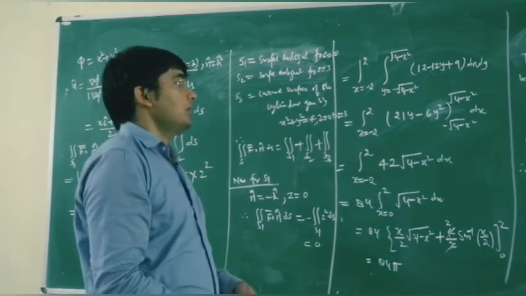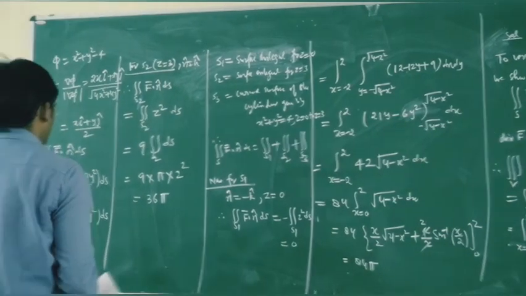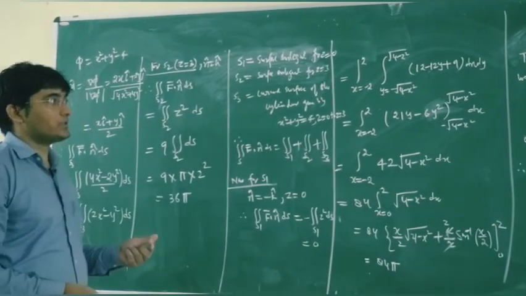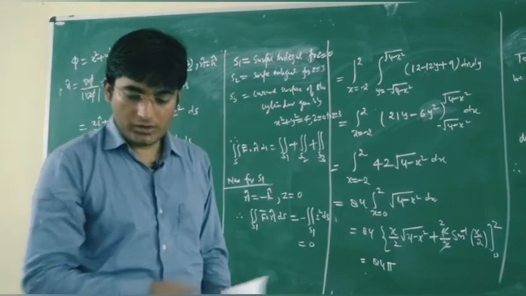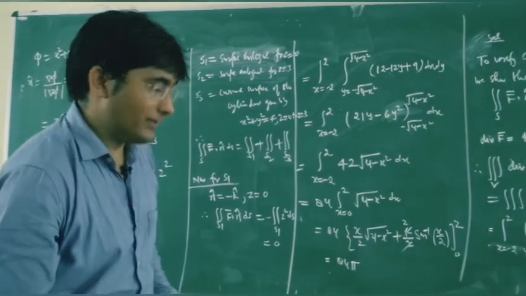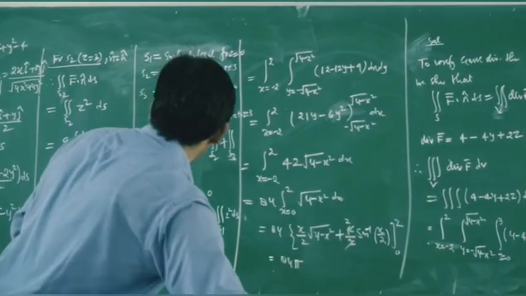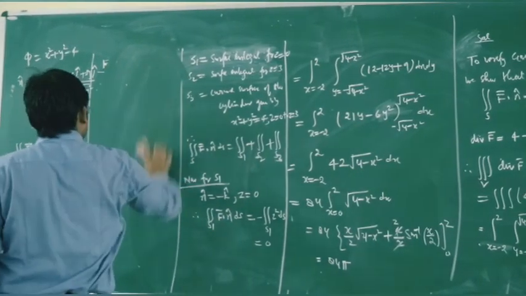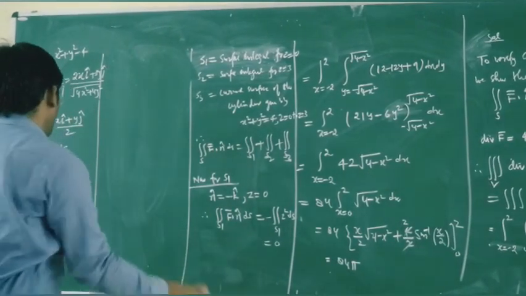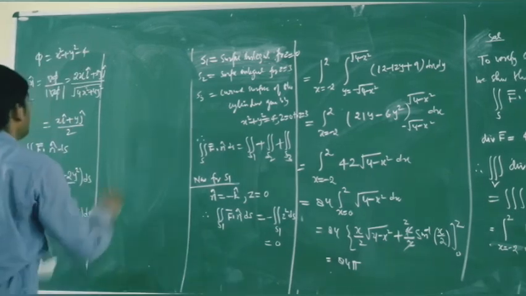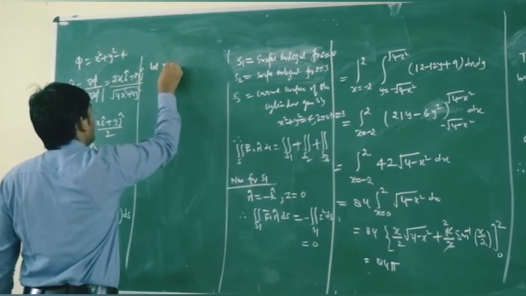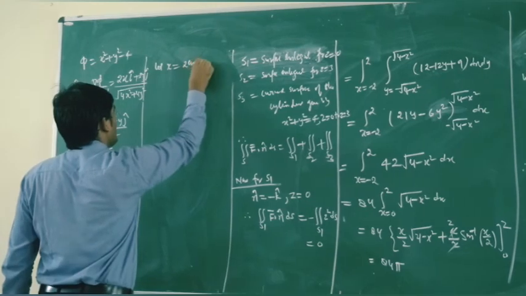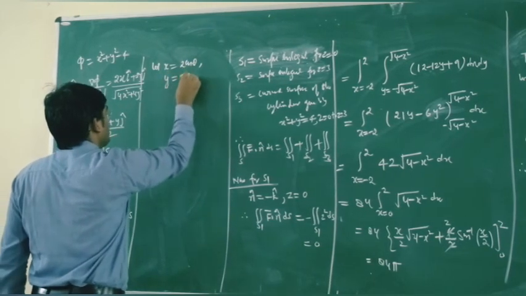Now as we have the circle x square plus y square equal to 4, let us use the parametric coordinates. For that we will use the change of variable method. In this case, let x equal to r cos theta, your r is 2, so we have x equal to 2 cos theta, y equal to 2 sin theta.